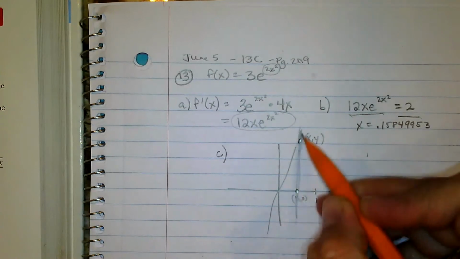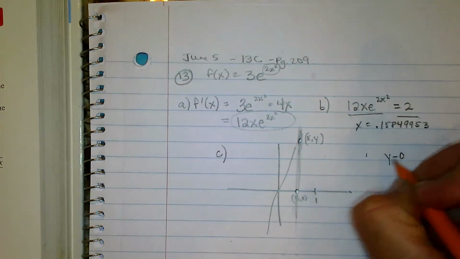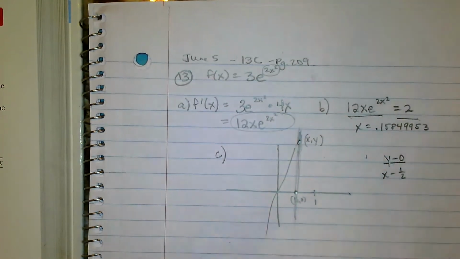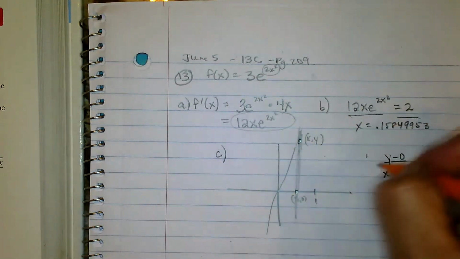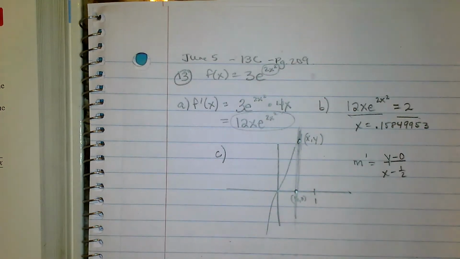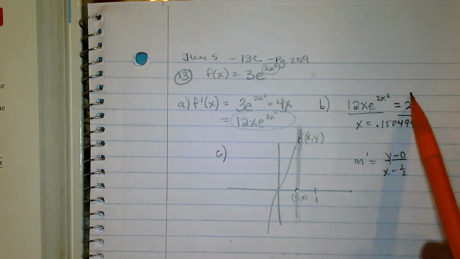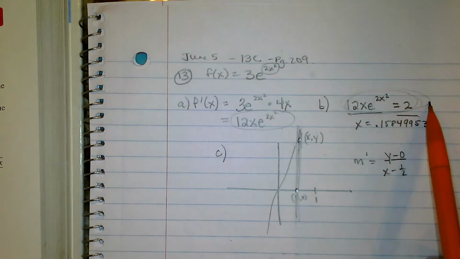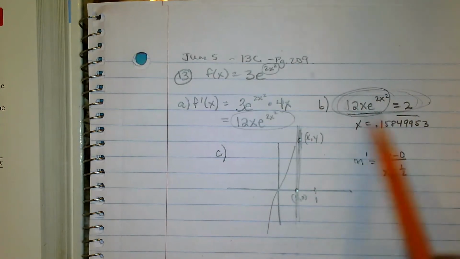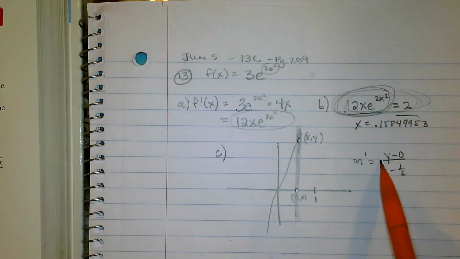So the slope of this line is y minus 0 over x minus a half. That's the slope of the tangent line. So we're looking to see when the derivative here equals that.